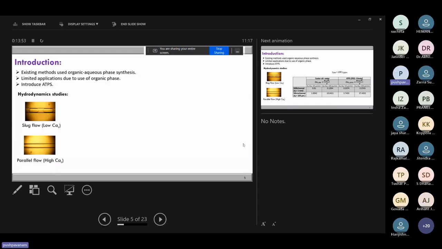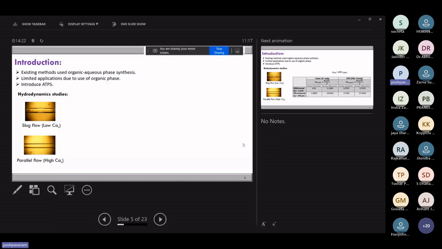In the aqueous two-phase systems, the slug flow basically has a dispersed phase. I'm showing you two pictures here. In the first one, there is a slug flow or a dispersed flow, and this has a low capillary number. In the second case, you have a parallel flow where the two liquids are flowing side by side, and this has a high capillary number.